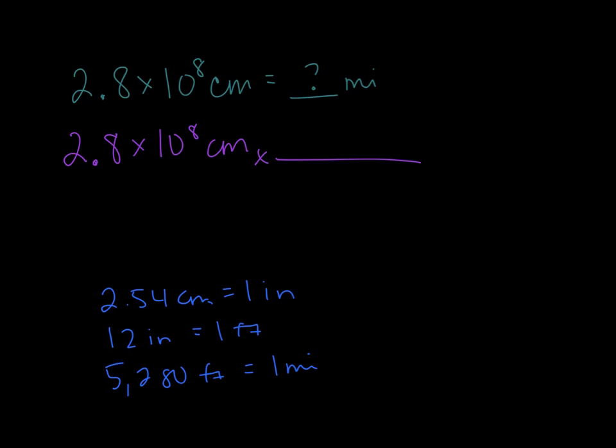So I'm going to write this one on the bottom. So I've got 2.54 centimeters in 1 inch. And then next is going to come that one because it's got inches in it. So I've got 12 inches in 1 foot.